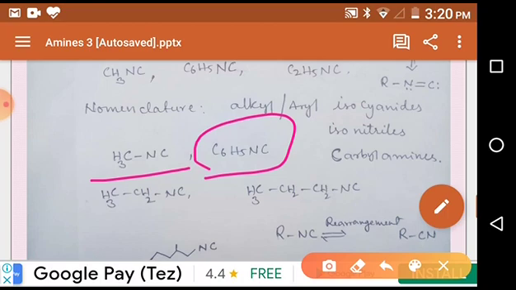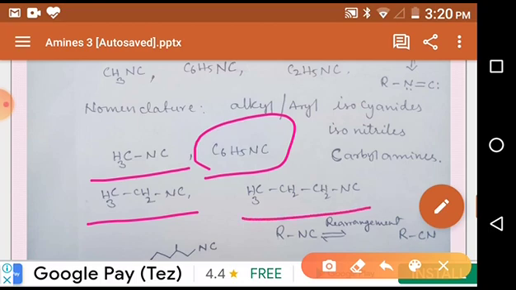Phenyl isocyanide is isocyanobenzene, or phenyl carbylamine. Ethyl isocyanide, or ethyl isonitrile, or ethyl carbylamine.